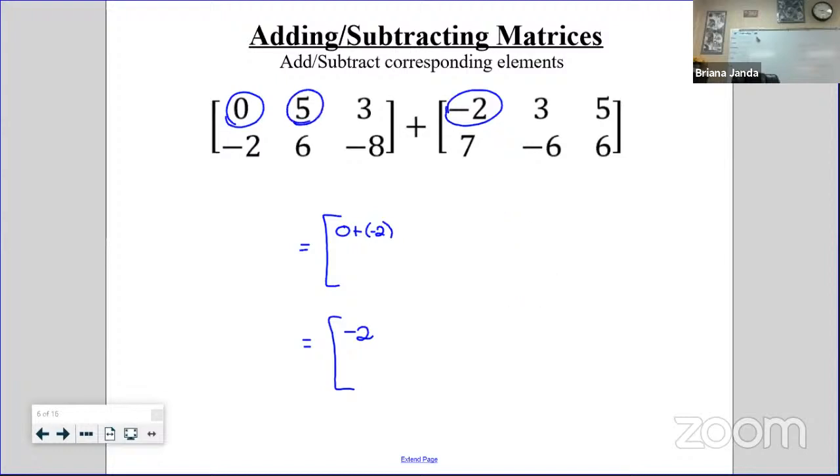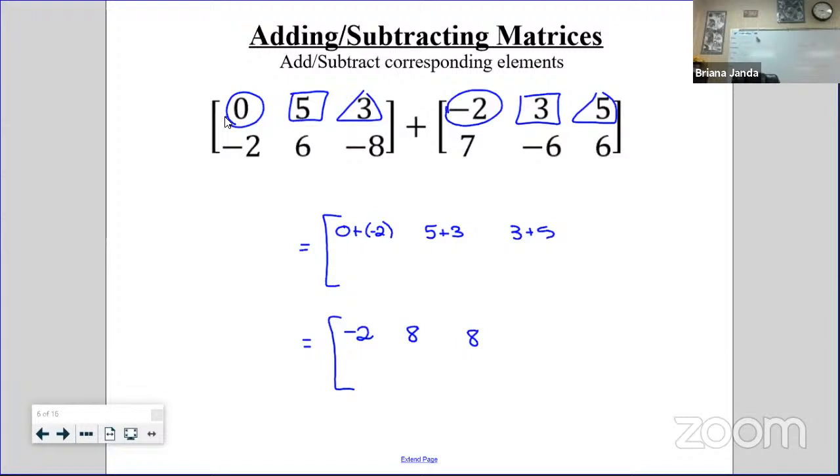So 5 plus 3 gives us that element 1, 2 of 8, and 3 and 5, again, 8 here.